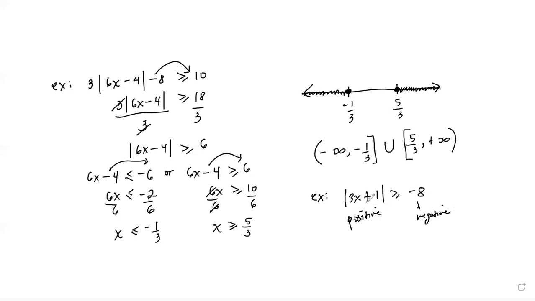Now, this would mean that at any value of x that we substitute into the left side of the inequality will always result in a non-negative number, which is always greater than or equal to negative 8. So that means the solution set here is the set of all real numbers x, which means we write it as negative infinity up to positive infinity.